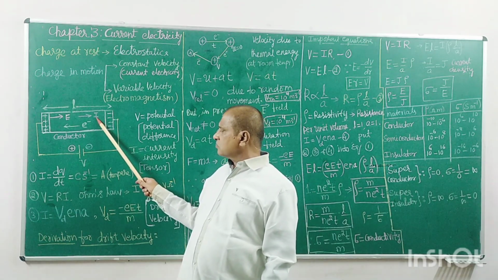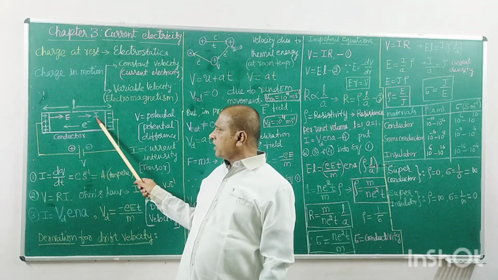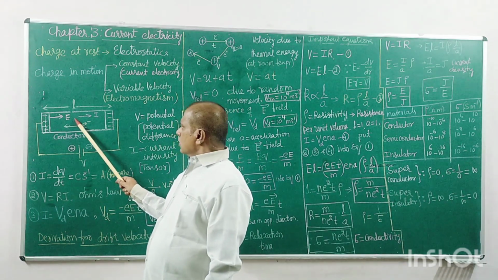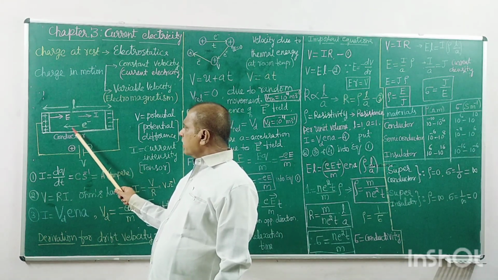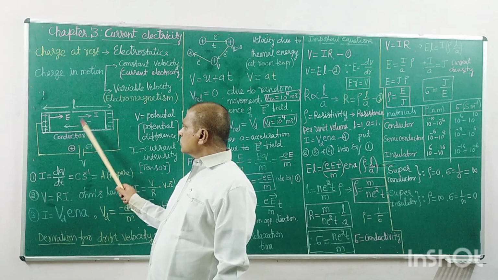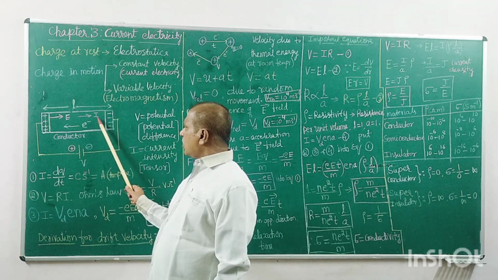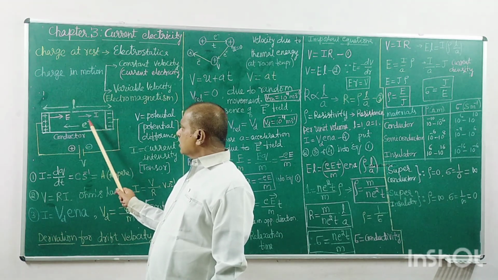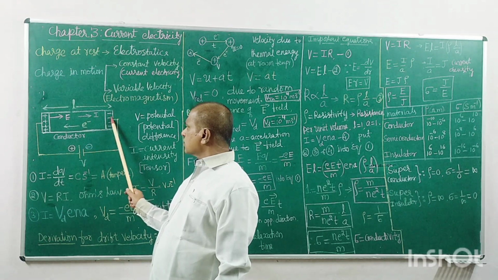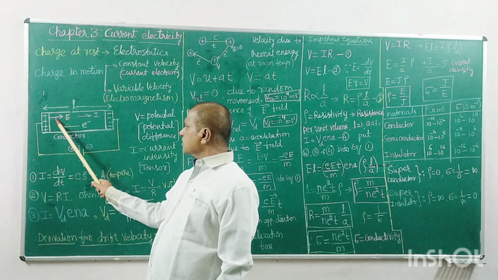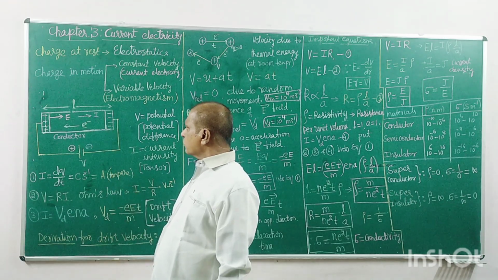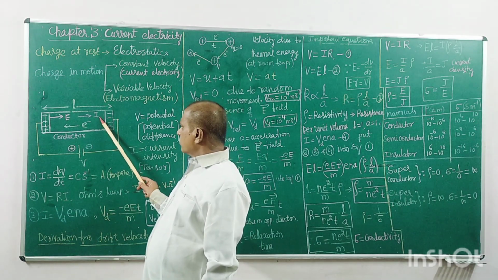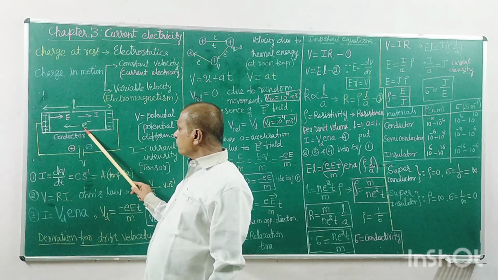The direction of the electric current is in the direction of the electric field, opposite to the flow of electrons. So the current direction is opposite to the direction of negative charge, or the same as the direction of positive charge. Positive charge moves in this direction, which is the direction of the electric field and of the electric current. In this electronic conductor, electric current flows opposite to the electron flow.